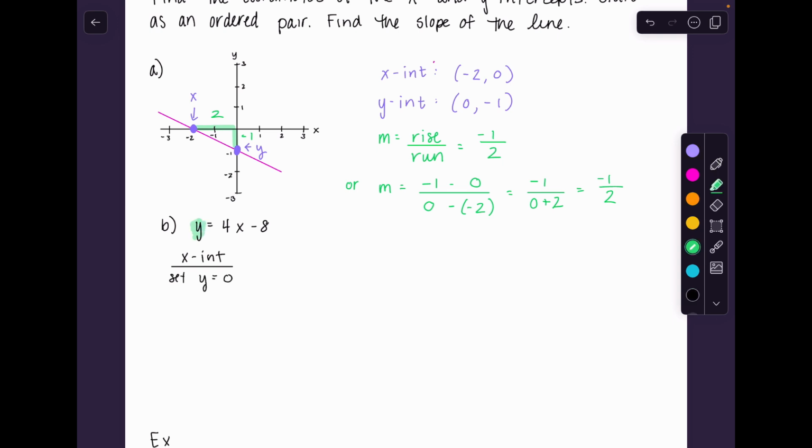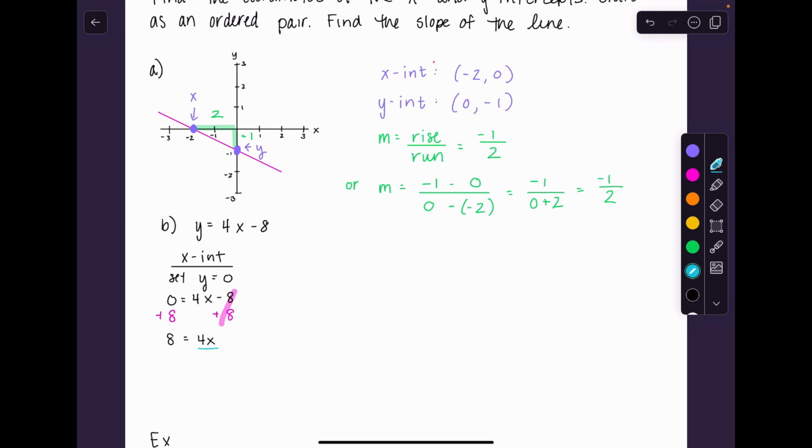So in this equation, I set y equal to 0, and I need to figure out what value of x makes this true. To solve this, we have to isolate our x. So we go ahead and add 8 to both sides to make these cancel. And that gives us 8 is equal to 4x.